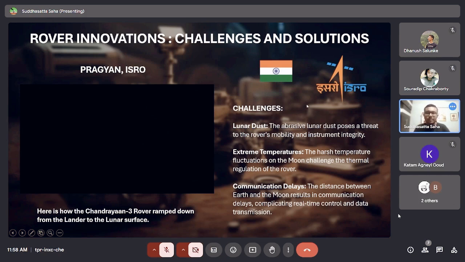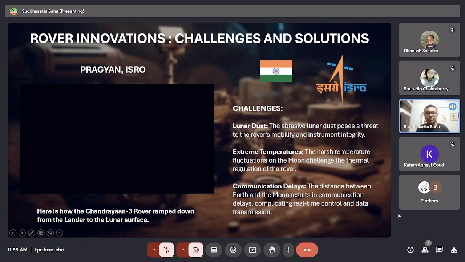We also know that, as you are aware, the moon has a lot of extreme temperature ranges. A wide spectrum of temperatures is what you see. So that could also affect the thermoregulation of the rover. So when engineers design these rovers, they need to deploy a mechanism which can control the thermoregulation, like the temperature aspects of the rover, so that circuits do not fry up and things do not go haywire.